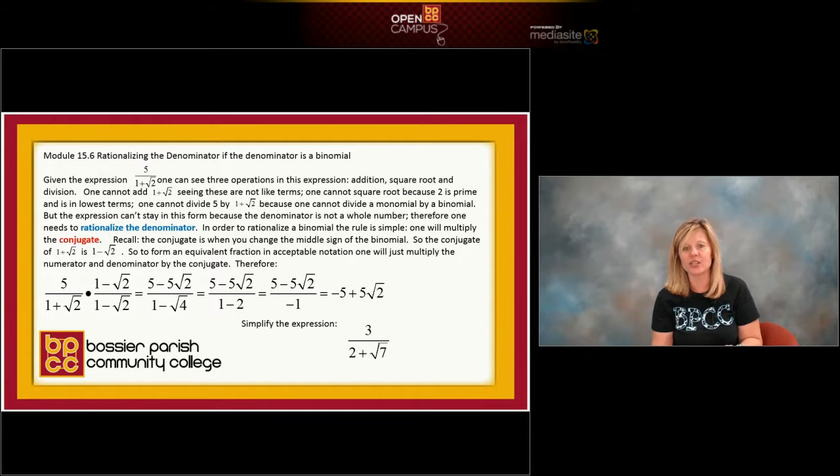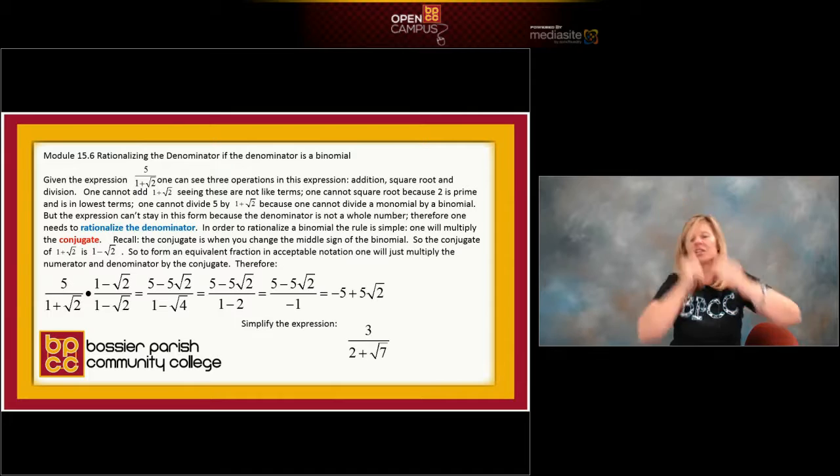So now my fraction is, in the numerator, 5 minus 5 square roots of 2 divided by negative 1. Now, we still have a problem. We've talked about this. You can never, ever, ever leave a negative sign in the denominator. Where does it float to, ladies and gentlemen? That's right, it floats up to the top.